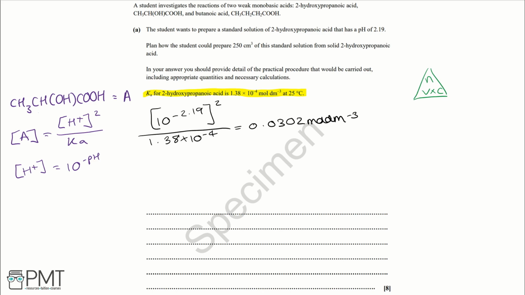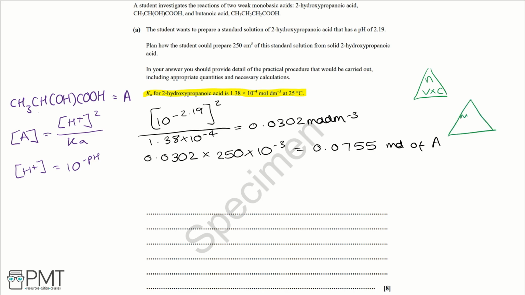So we're going to do 0.0302 times 250 times 10 to the negative 3, because we're converting centimeters cubed into decimeters cubed, and that equals 0.0755 moles of A.